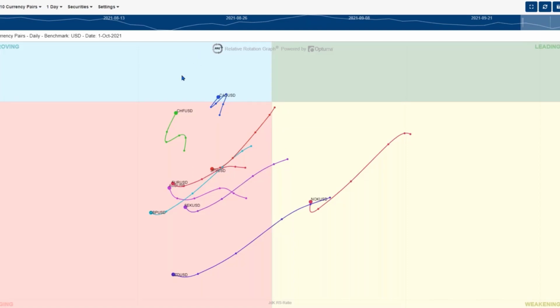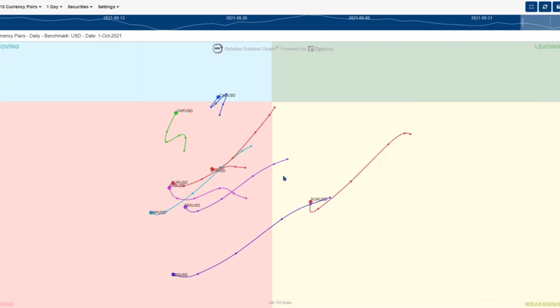So things that are up in this quadrant here actually have positive momentum. In this quadrant up here, the leading quadrant, are outperforming with positive momentum. There's nothing in that quadrant. There's really hardly anything, which is just the Canadian dollar just entering the improving quadrant. So all things are weak and getting weaker is the message.